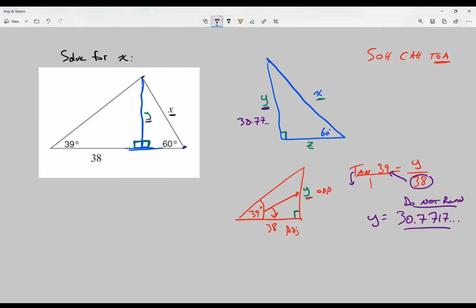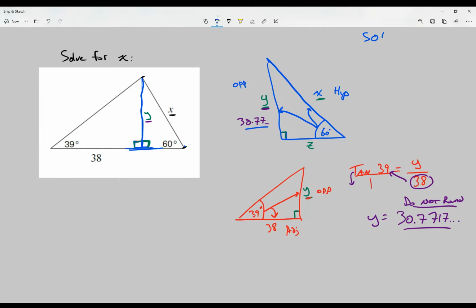So in my next triangle, get rid of these just to give me some space. In my blue triangle, I have my side length 30.77 and change. I have the angle 60 degrees. Well, the side length I found, y, is the opposite to that angle 60 degrees, and x in the triangle is the hypotenuse.